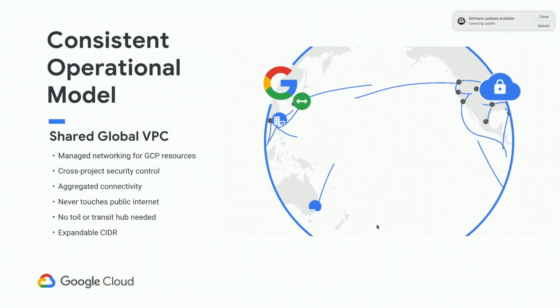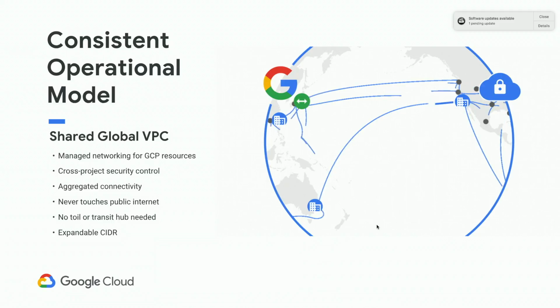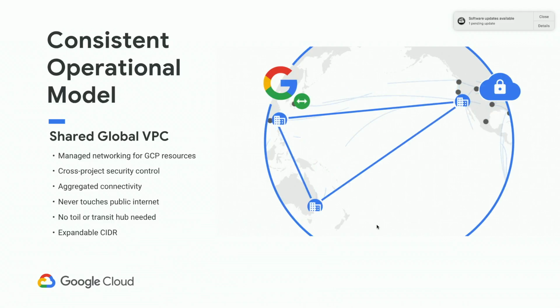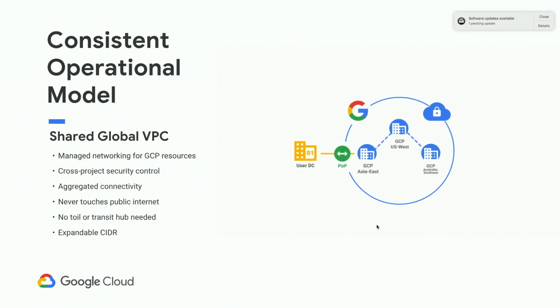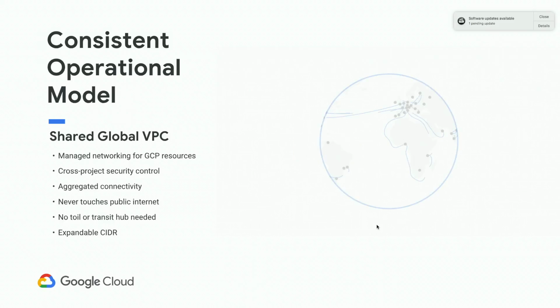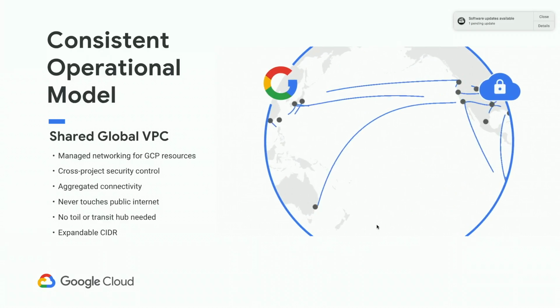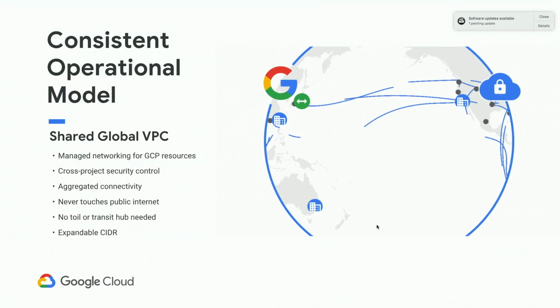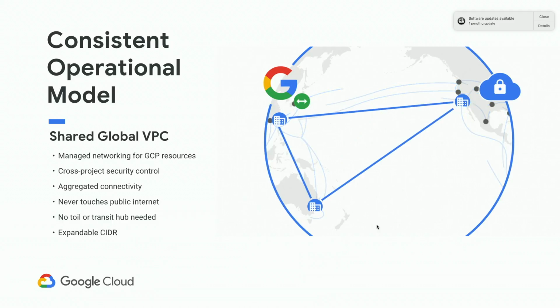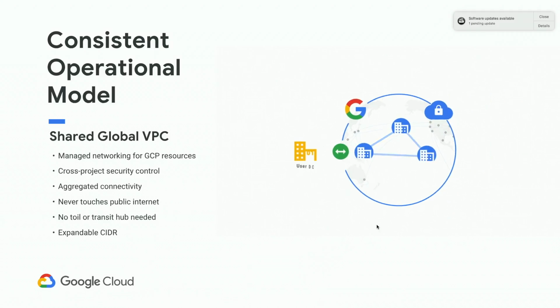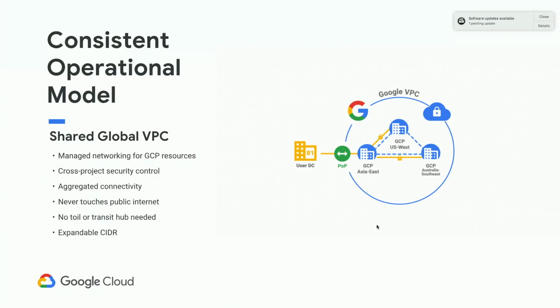So when we're looking at the benefits of a shared global VPC, it really provides a consistent operational model. Network security is enhanced because the traffic never traverses the public internet, as we saw in the picture before. The private connectivity across the regions is provided automatically by setting up your global VPC.